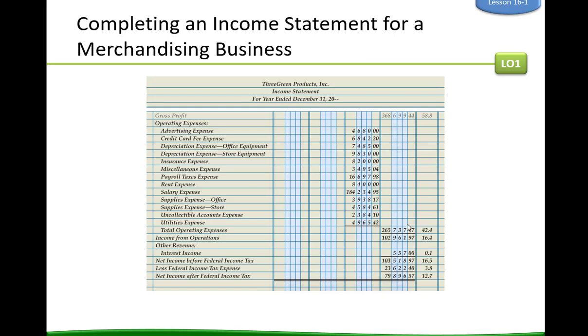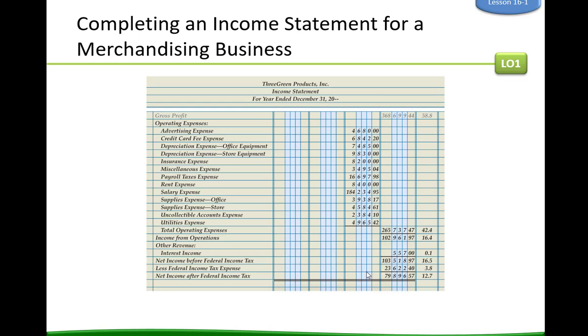Then we're going to subtract, and that's income from operations. Then you're going to see if there's any other income that you have. So you go back to your adjusted trial balance, and they had some interest income, and so they recorded that amount. And then you have your net income before federal taxes.